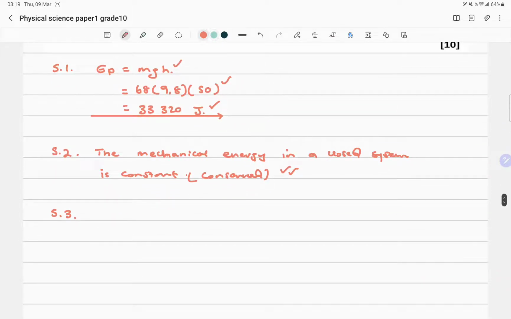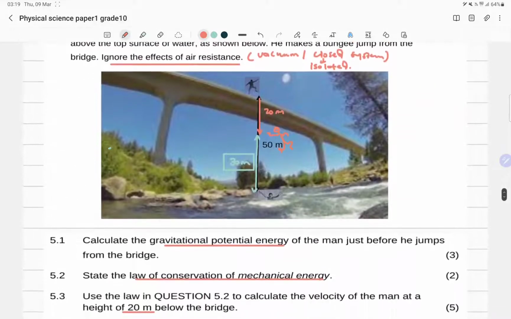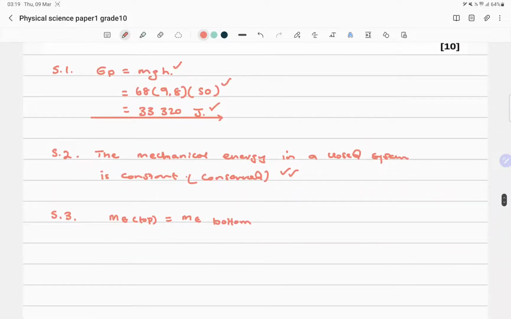So let's do this thing. So we know that mechanical energy at the top is going to be equal to mechanical energy at the bottom. But the bottom is not really the bottom, okay? So this is just the law of conservation of mechanical energy. But at the top, we know that it is just potential energy. So there is no kinetic energy at the top.